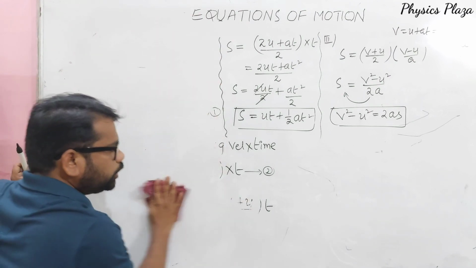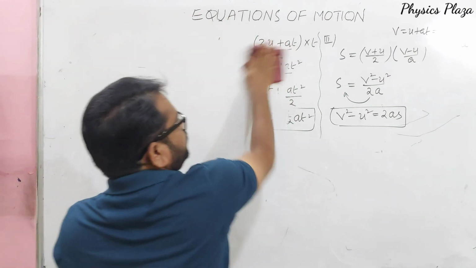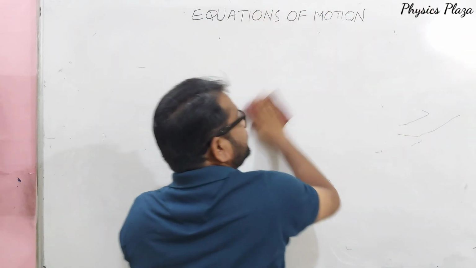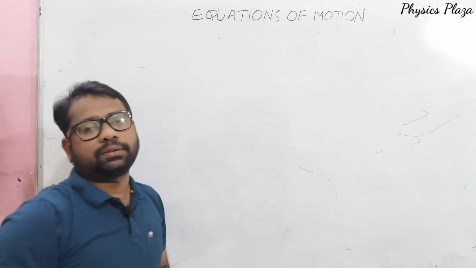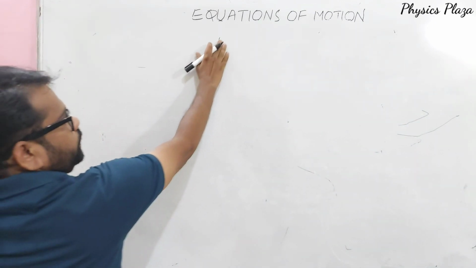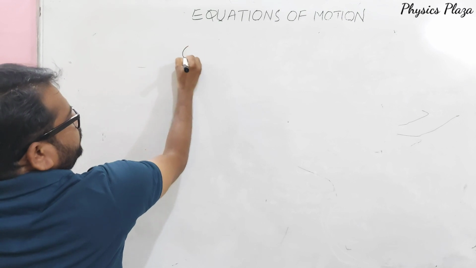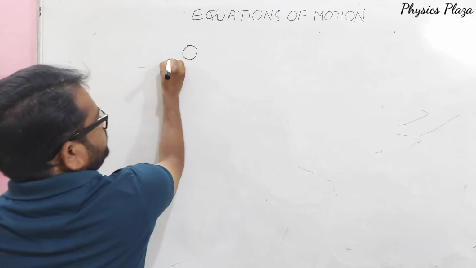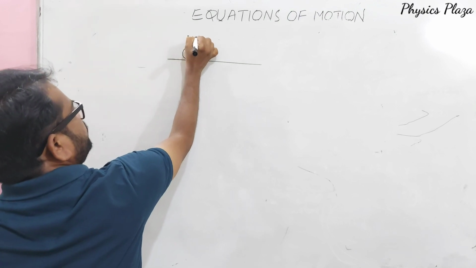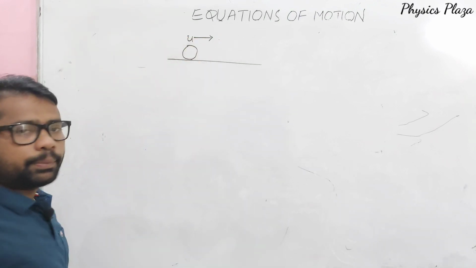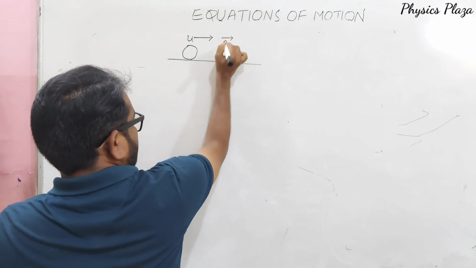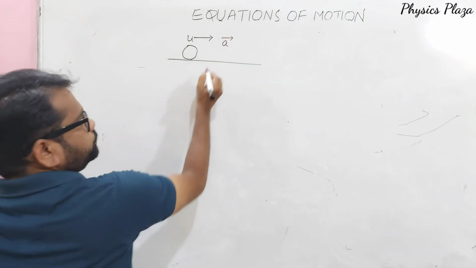Now, dear children, in order to derive the equations of motion, let us take a situation where an object is going along a straight line path. Once again, let us consider here an object with the initial velocity u, and this object is moving with a uniform acceleration a.